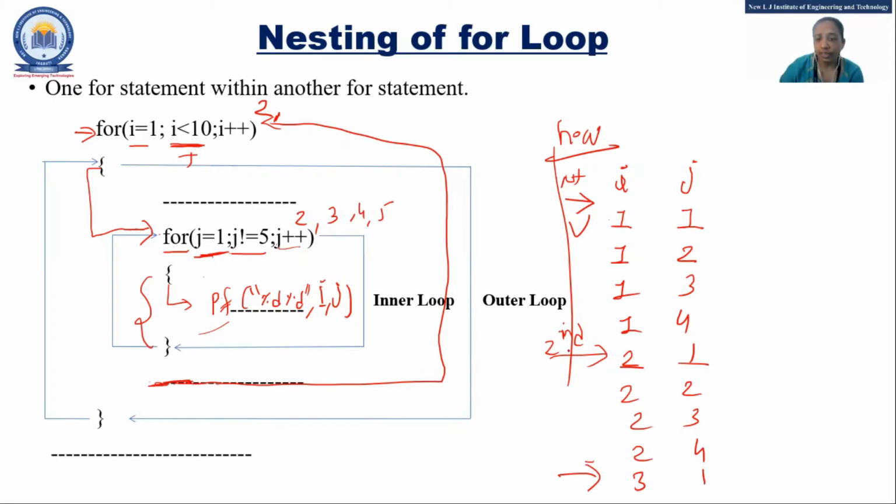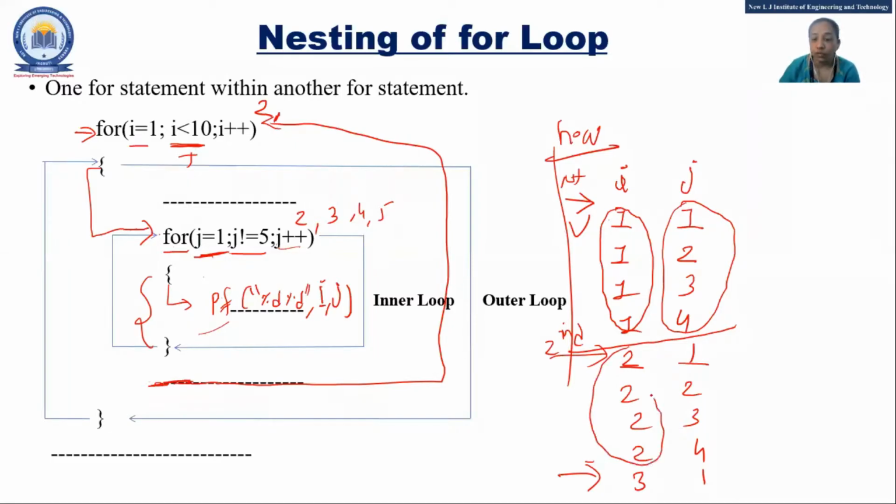So you can say that for one value of i, j will be executing 4 times. For one value of i, such as 2, j will be executed how many times? 4 times. Clear? Nesting of loops, just a simple output. Any doubt, anyone?